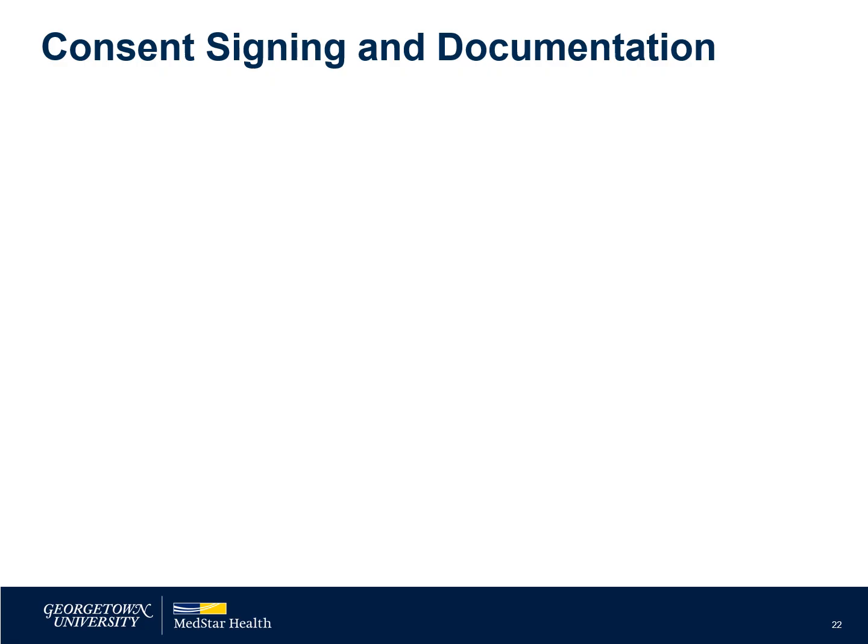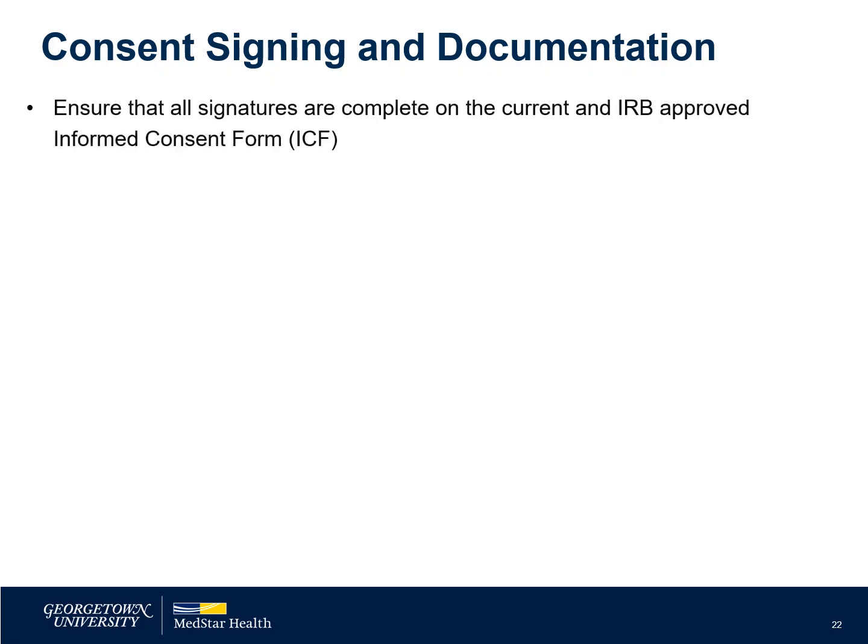In order to ensure consent signing and documentation is done correctly and completely, the following steps must be considered. The consent forms must be signed and dated by the subject or LAR as appropriate, the person obtaining consent, and witness if requested by the IRB or sponsor.